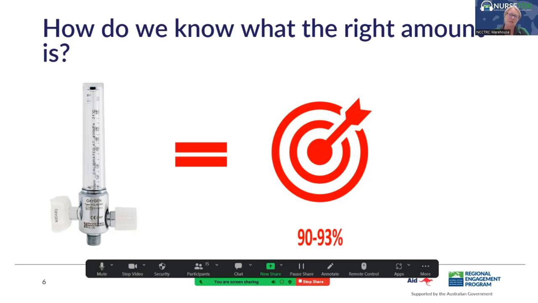And the good thing about this is if we aim for lower oxygen levels in the blood, this means A, we don't give our patients too much oxygen, and B, we can save the amount of oxygen that we deliver for other people.